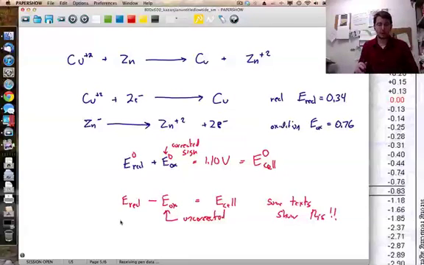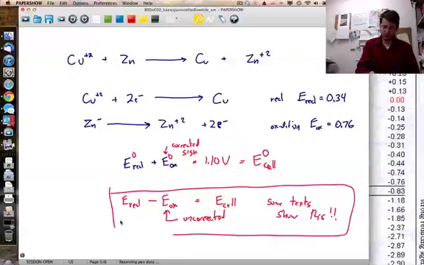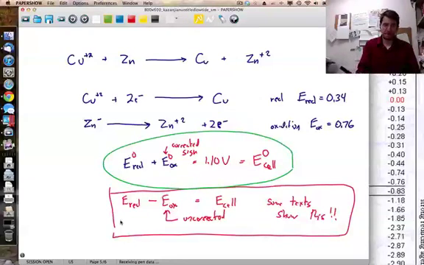So just be cautious. Be consistent. We're not going to use this one. We're going to instead focus on this one as our go-to method. Why? Because it has a nice synergy with the other. So this is how we find the cell potential.